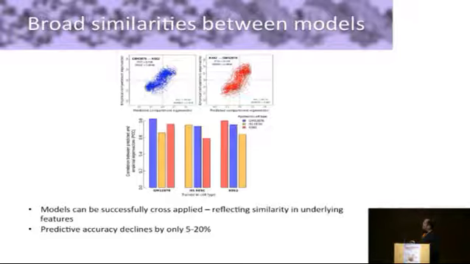We get a decrease in the correlation between observed and predicted eigenvectors, but in each case, it declines by around 5 to 20%, and the models remain useful in the machine learning sense. So that suggests that there are broad similarities in the underlying features of eigenvector models between cell types.